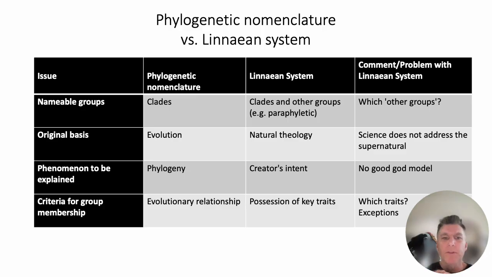All right, criteria for group membership. Mammalia: if you're going to be a mammal, in the phylogenetic system it has to do with whether you're related to mammals. In the Linnaean system, it has to do with whether you possess key traits. So strictly then, if some naked mammal evolved, it would cease to be a member of Mammalia, right?